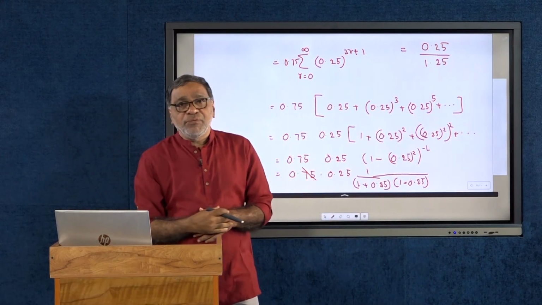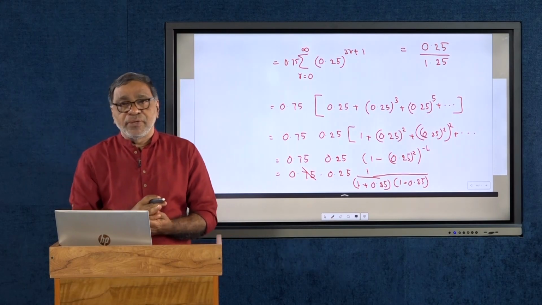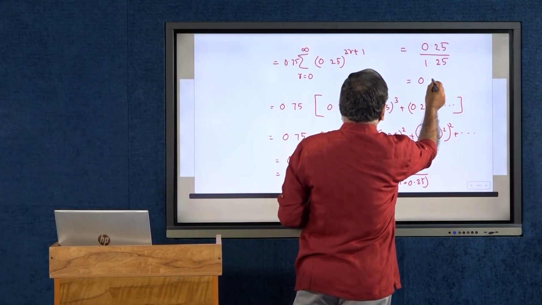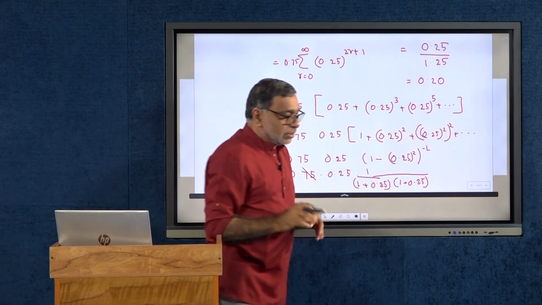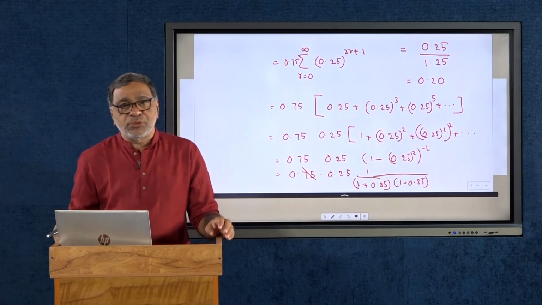So, ultimately we have the value, this value is equal to 0.25 divided by 1.25, that is equal to, simplifying, 0.20. So, this is a very interesting numerical example of a geometric distribution.